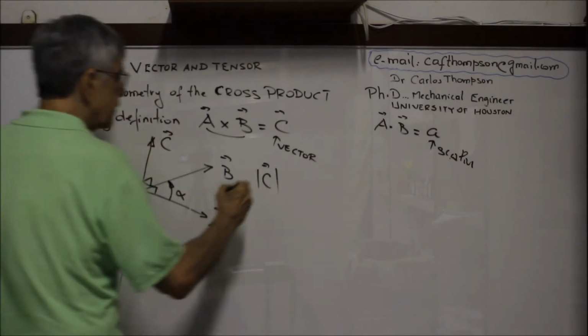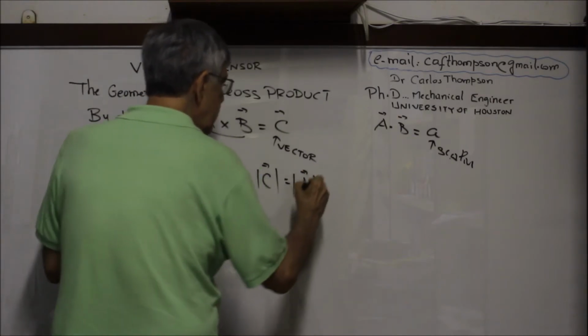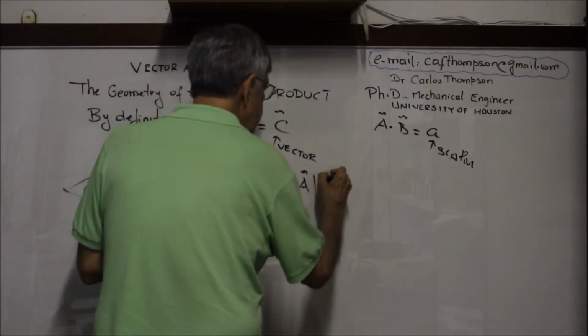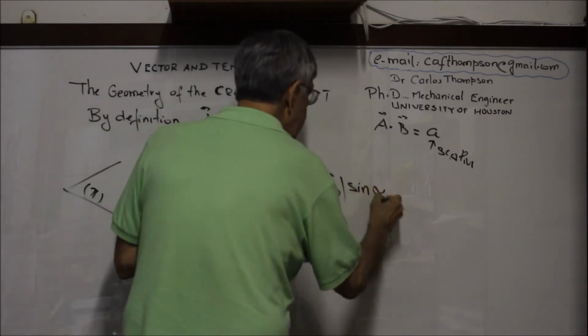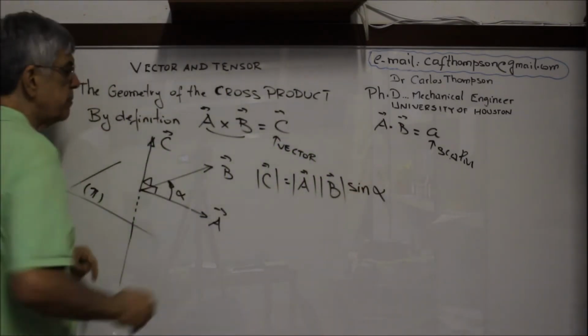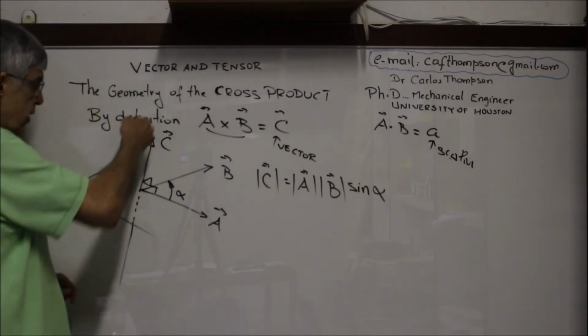By definition, it is the magnitude of vector A times the magnitude of vector B times the sine of the angle between A and B. That's the magnitude. This is the direction of C.